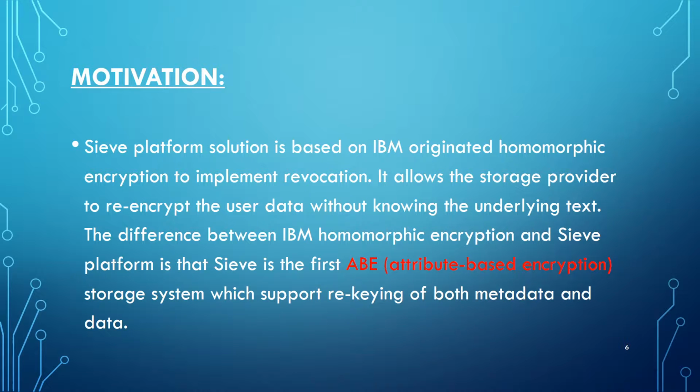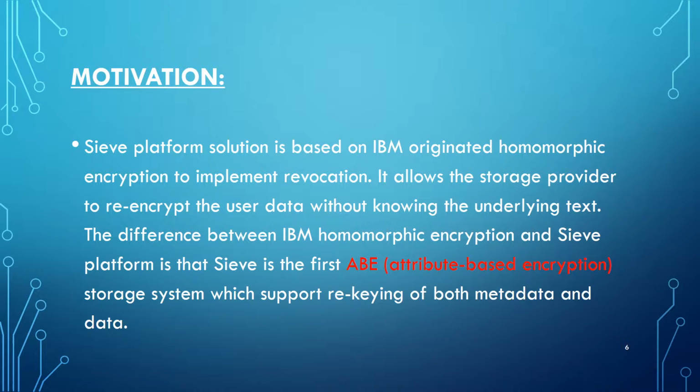So Sieve is a platform solution. It's based on IBM's original homomorphic encryption to implement revocation. As I mentioned before, IBM created it, but Sieve is based on that, though it's not exactly the same. Sieve allows the storage provider to re-encrypt the user data without knowing the underlying text.